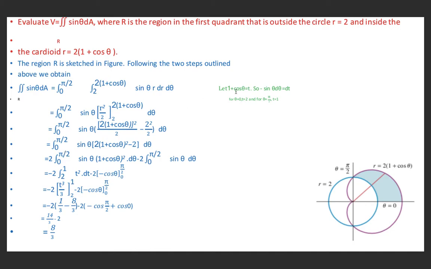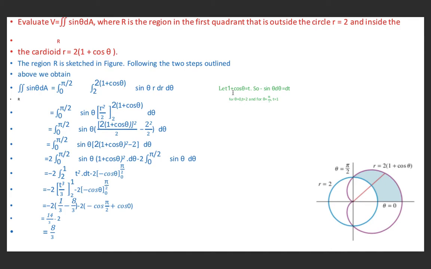If we substitute theta equal to 0, cos 0 is 1, so t is equal to 2. If we substitute theta equal to pi by 2, cos pi by 2 is 0, so t equal to 1. So earlier the limits of integration were from 0 to pi by 2, now the limits are from 2 to 1.